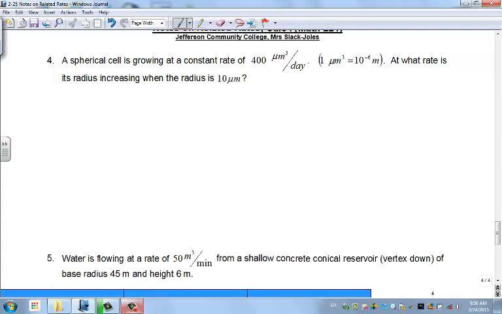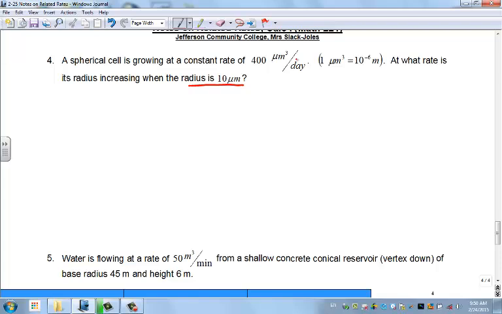So, I'm going to move on to the next problem, which is about a spherical cell growing at a constant rate. Okay, so here we have a spherical cell growing at a constant rate of 400 mu meters cubed per day. At what rate is its radius increasing when the radius is 10 mu meters? Now, that's a new letter for you. It's a Greek letter, mu, not a big deal.